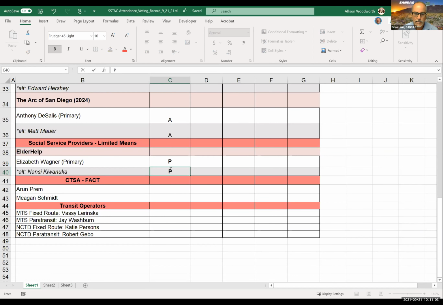And then from FACT, we have Megan. Good morning. And then was Cynthia Arun's replacement today? Okay. And then from MTS, Vasi? Or Jay?